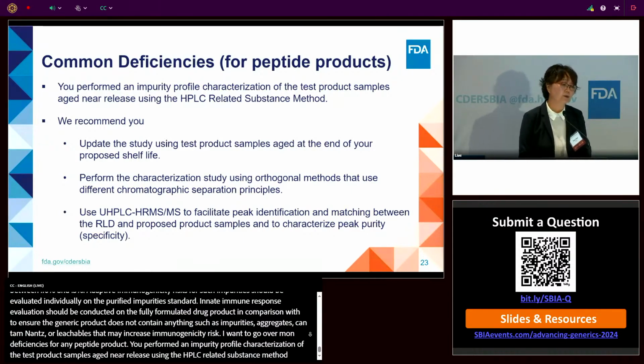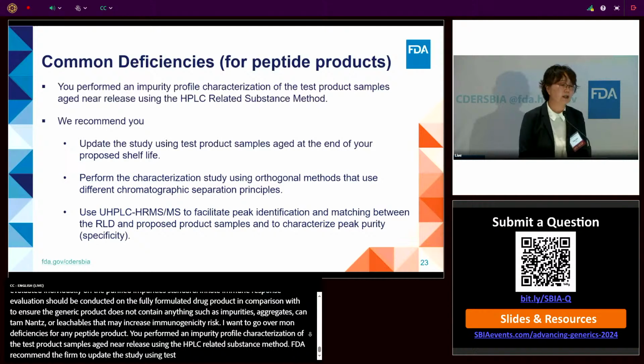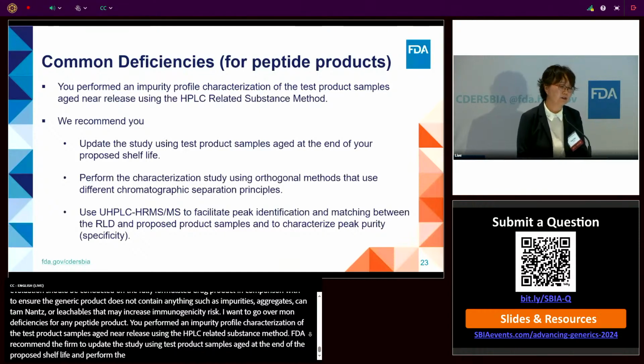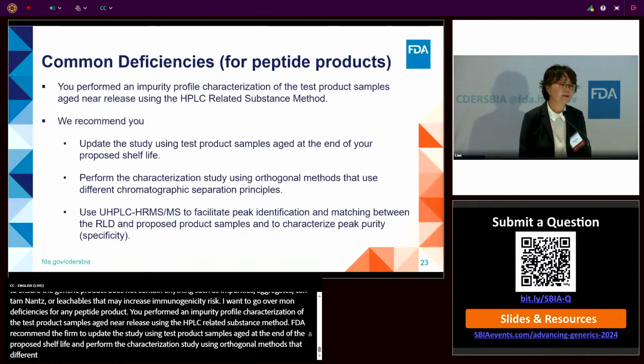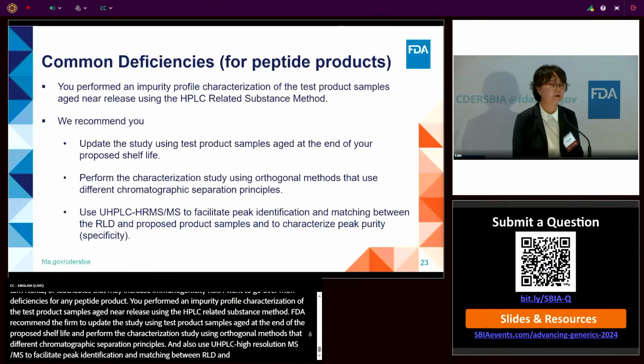FDA recommends the firm to update the study using test product samples aged at the end of the proposed shelf life and perform the characterization study using orthogonal methods that use different chromatographic separation principles and also use UHPLC high-resolution MS to facilitate peak identification and matching between the RLD and the proposed product to characterize peak purity.